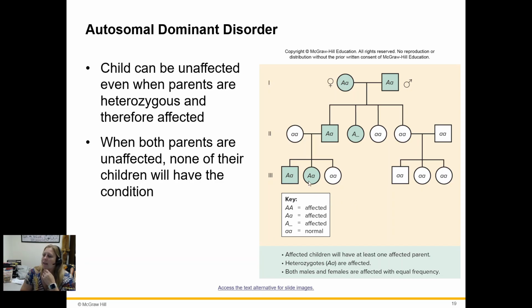Okay. In this case, we see that it's both males and females equally affected, and so this is going to be autosomal. It's not on the sex chromosomes. And we see that it is in every generation of individuals who are reproducing from this first generation, these first two individuals.